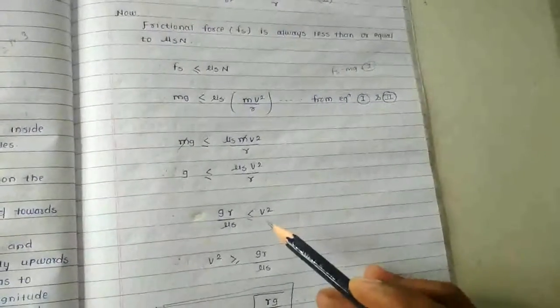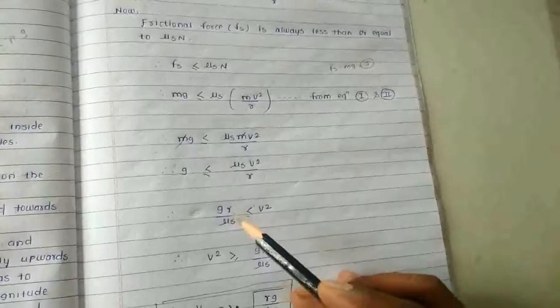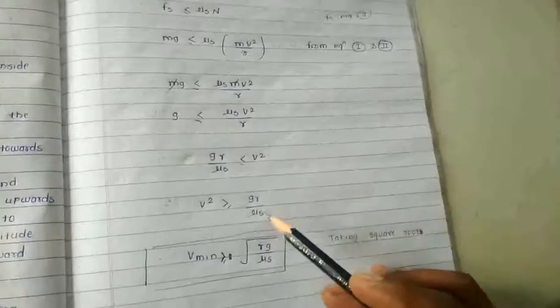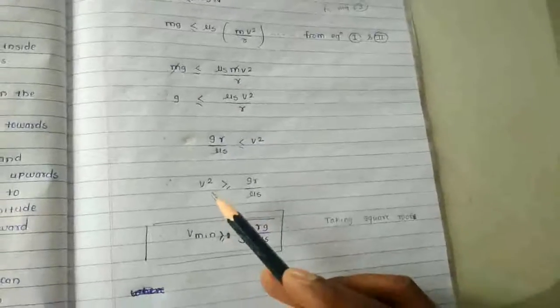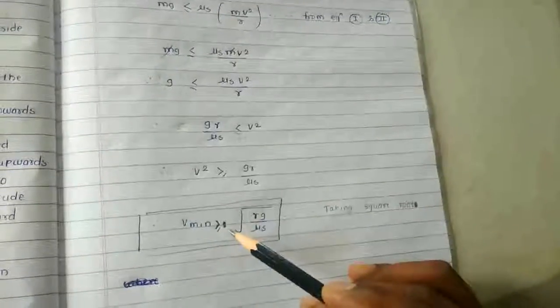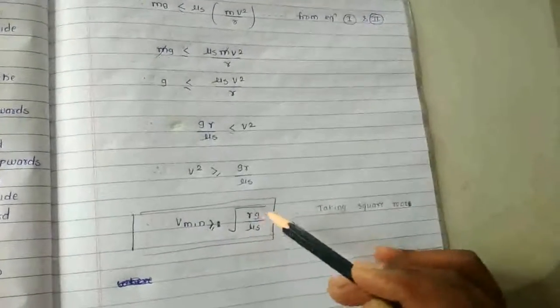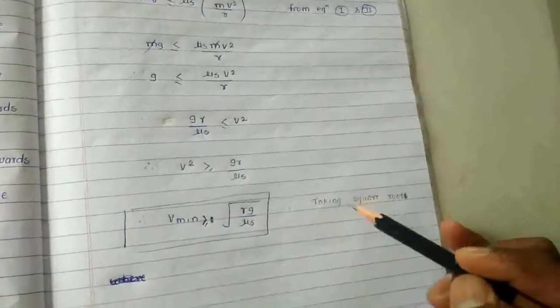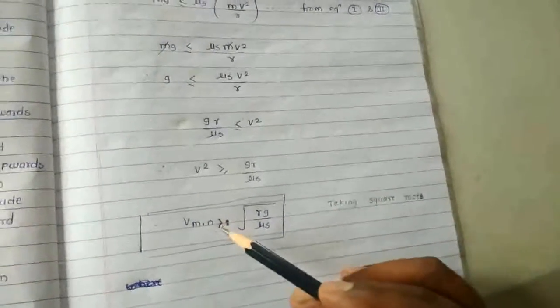It means that v square is greater than or equal to gr upon mu s. Therefore v square means it is the minimum velocity. Therefore v minimum is greater than or equal to under root rg upon mu s. Here we are taking the square root of both sides.